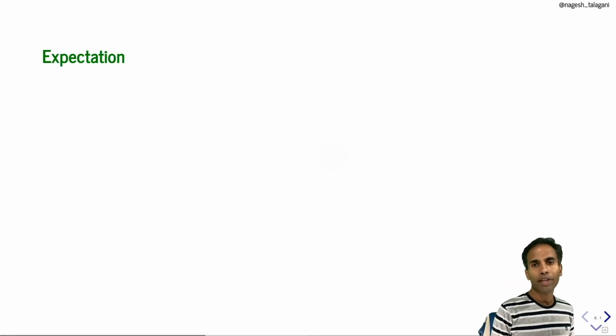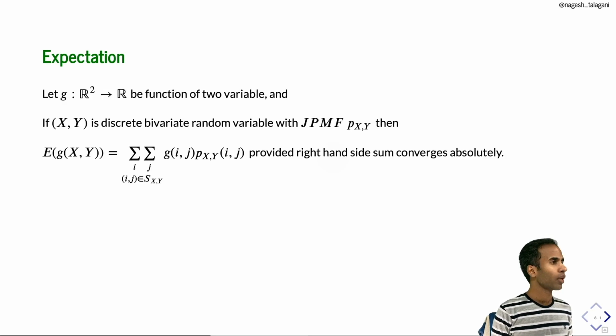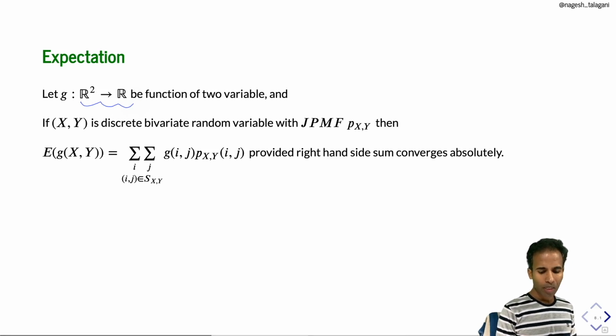Now let me define the expectation of a function of a bivariate random variable. Let g be a function from R squared to R, which is a function of two real variables. If (X, Y) is a discrete bivariate random variable with joint PMF small p_XY, then the expectation of g(X, Y) is defined to be this weighted sum of g(i, j) values, with the weights being the corresponding joint PMF values at (i, j).